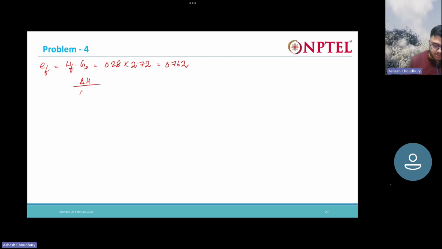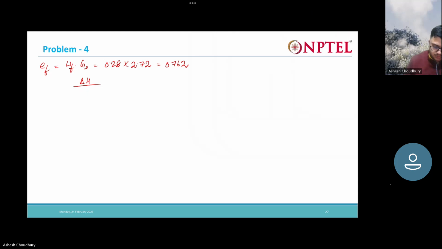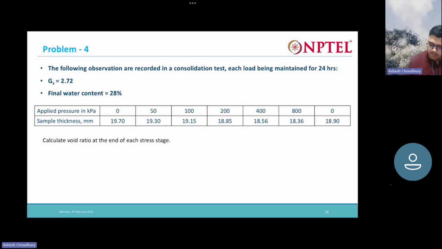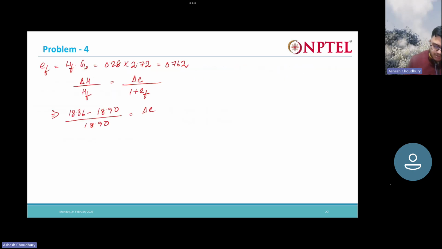So we have delta H by H. Here we are calculating 18.36 minus 18.990. This we are calculating for these two, and we'll get delta e by 1 plus e.